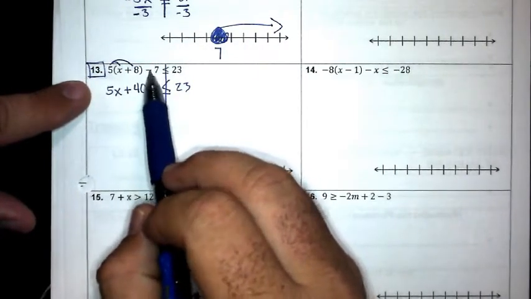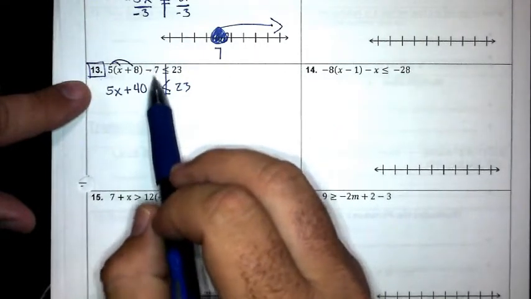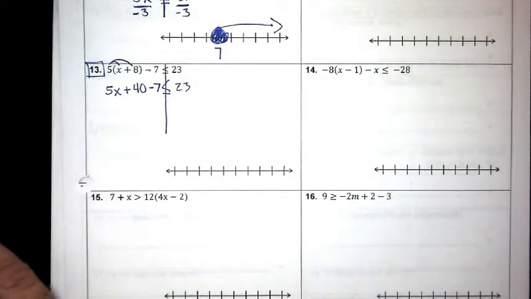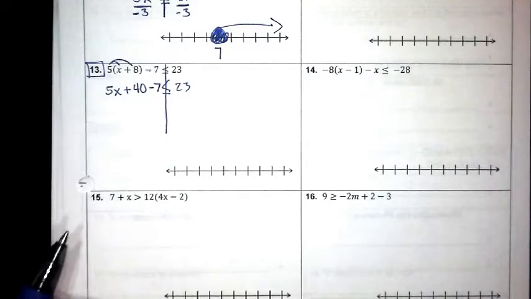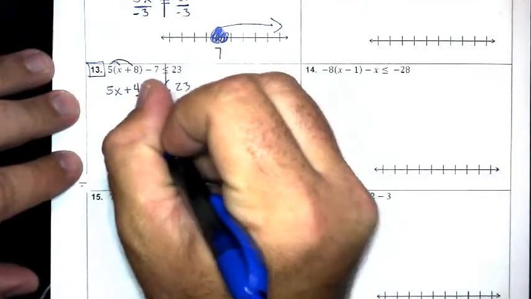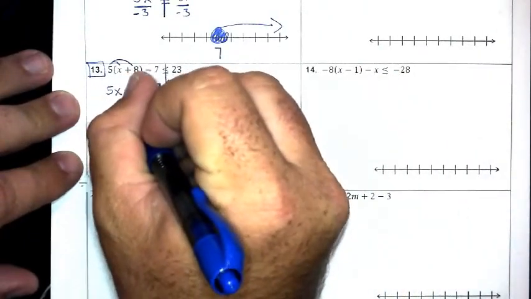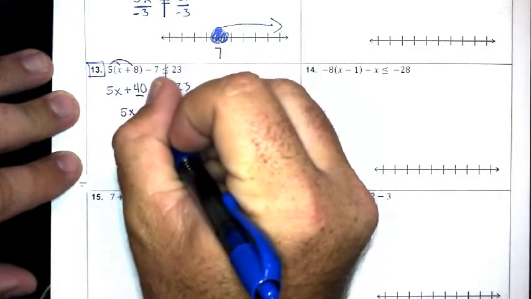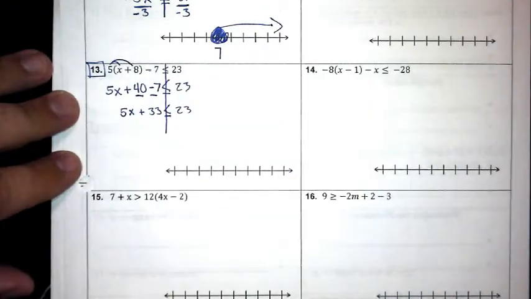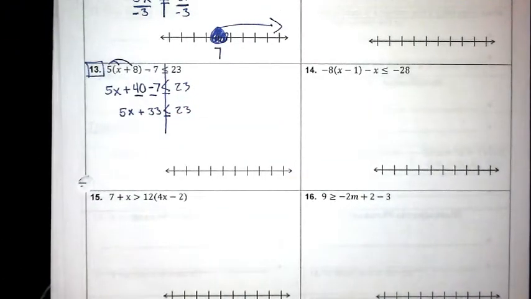So we've distributed, and we distributed correctly. What do I do now? Starts with a C, and it rhymes with combine. Combine. I'm going to combine my 40 and my negative 7 to give me 5x plus 33 is less than or equal to 23. Who's got me for the next step? Subtract 33.